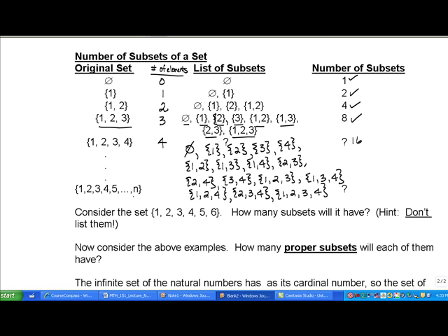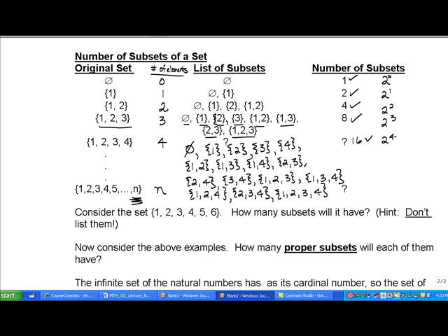All right, so the question is, what is the pattern? If I have n elements in my set, how many subsets will I have? Well, if you look at the number of subsets, each of those is a power of 2. So 1 is 2 to the 0.